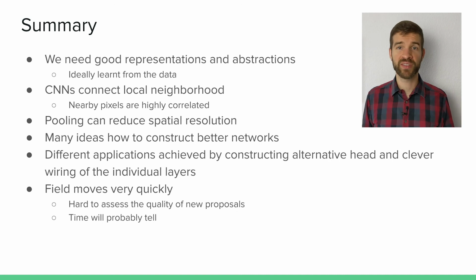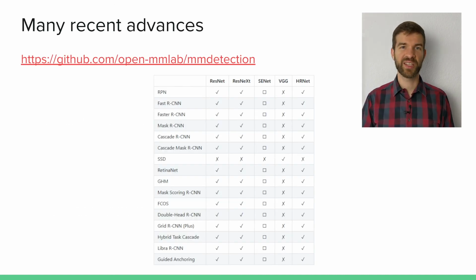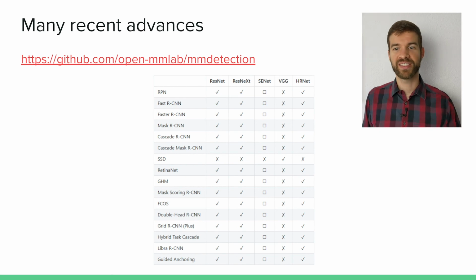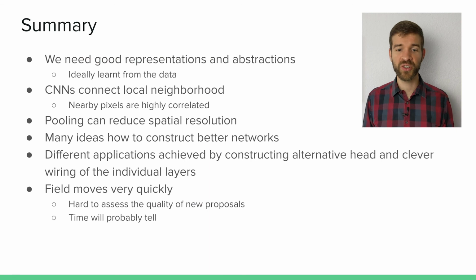But I guess time will tell, and how time will tell is one of the things that I like here: things that appear in here have been that popular and obviously working that well that someone took the effort and implemented it in that framework. So whenever you see that one of these ideas that you find in a paper has been taken up by other researchers, used and then put into frameworks, that is typically a good sign that you can probably use that and that it's a good thing to use.